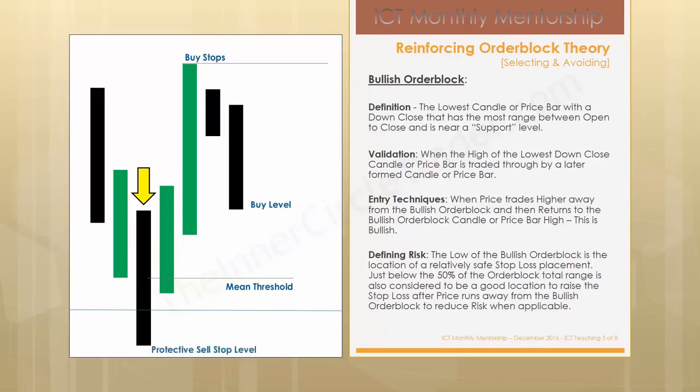And your protective sell stop is going to be below the bullish order block's low or below the close. Now at this point, depending upon where that low is, it could be the low of the wick, but primarily you're going to be looking at the low formed by the close of the body of that candle.